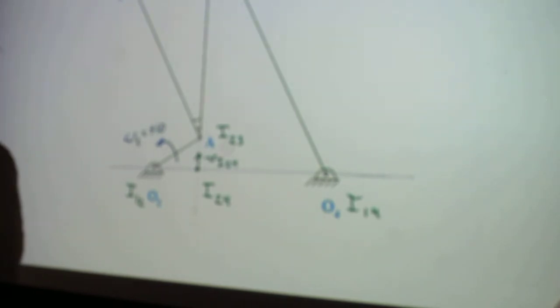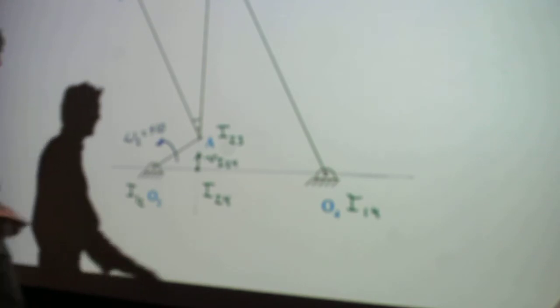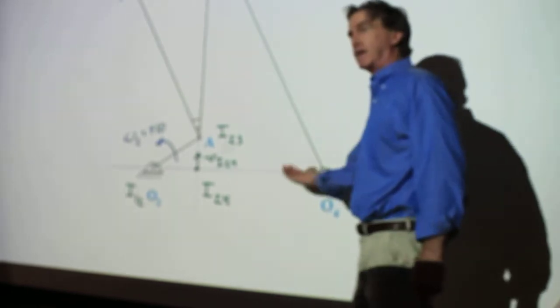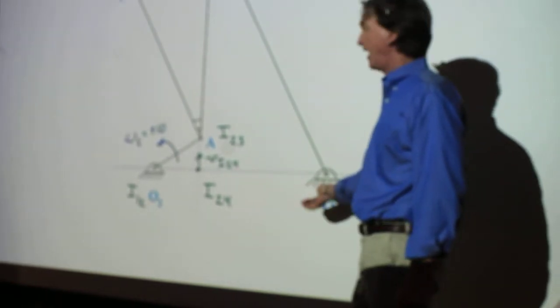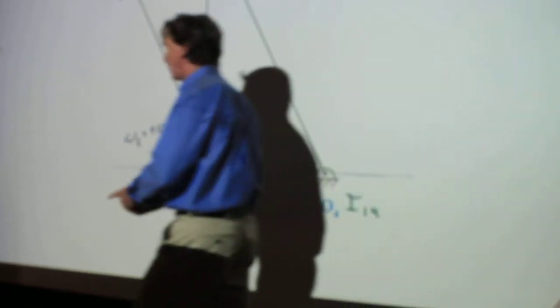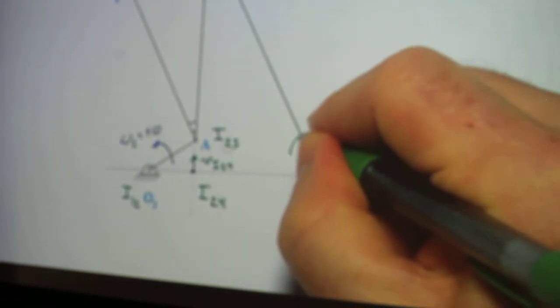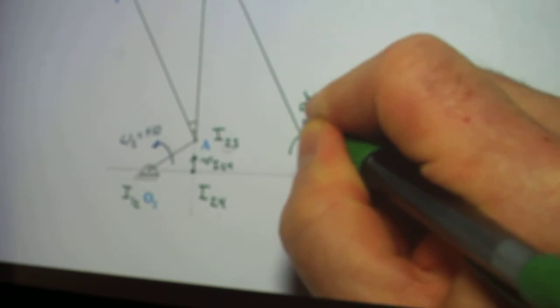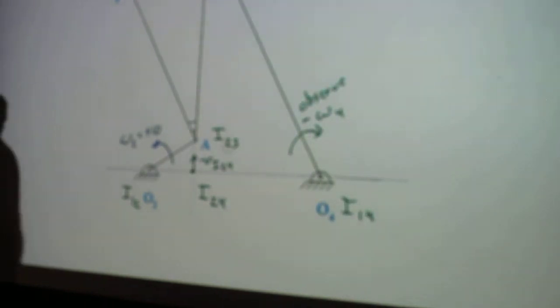So what direction is omega 4? Negative or positive? So if I stick my thumb here, and if I'm driving that point up like that, okay, it has to be negative. So right off the bat, I observe that omega 4 is negative.